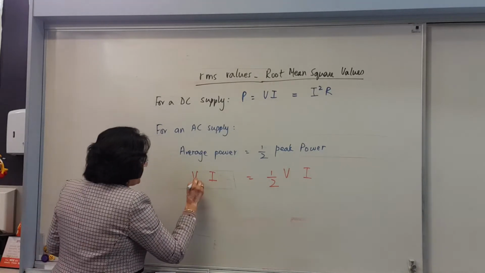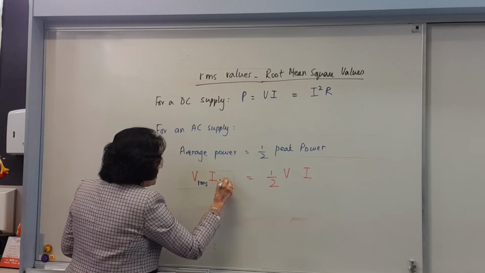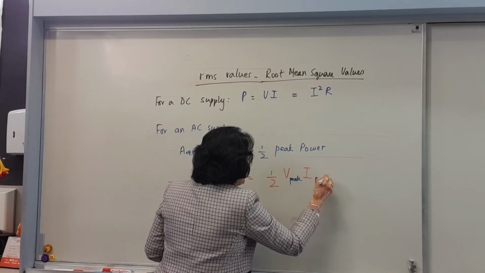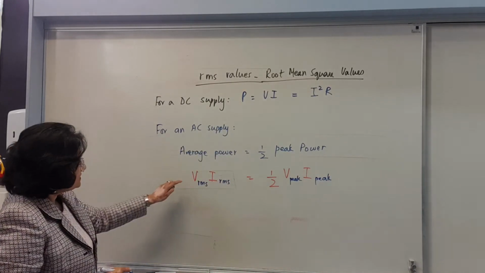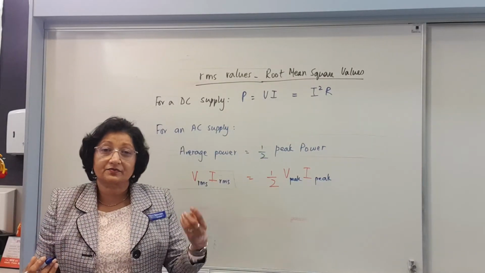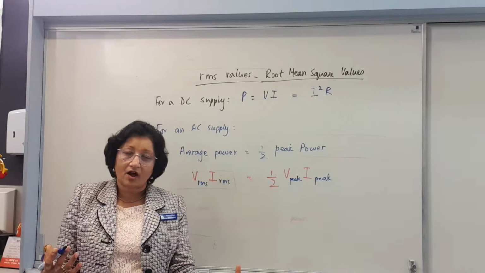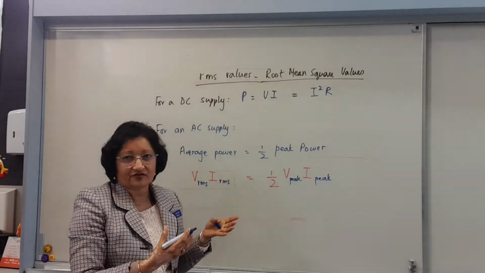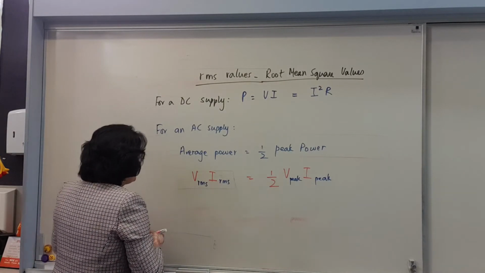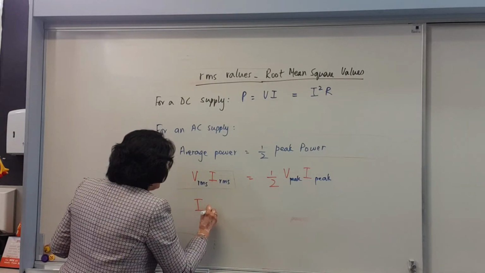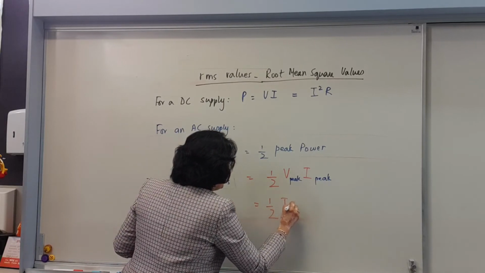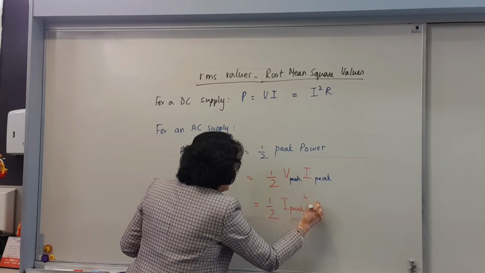So your average power is V RMS times I RMS is equal to half V peak times I peak. Okay? Now in substituting V times I equal to I squared R, because I need to find an expression for V and I need to find an expression for I. So if they're both there, it's hard to find because there's two unknowns. Okay, so this is the same as writing I RMS squared R equals half I peak squared R.